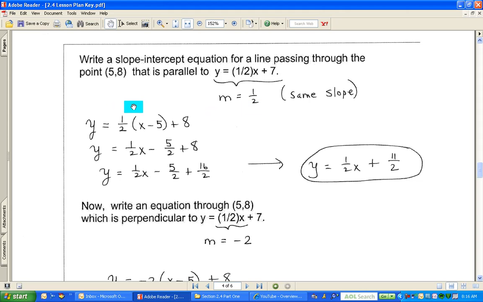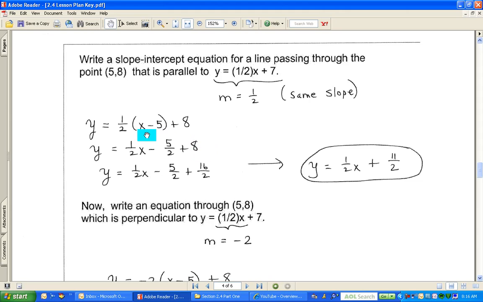So I go to the point slope form of the equation. Y equals m, which is 1/2, times the quantity x minus x sub 1. X sub 1 is 5. Plus y sub 1, plus 8.